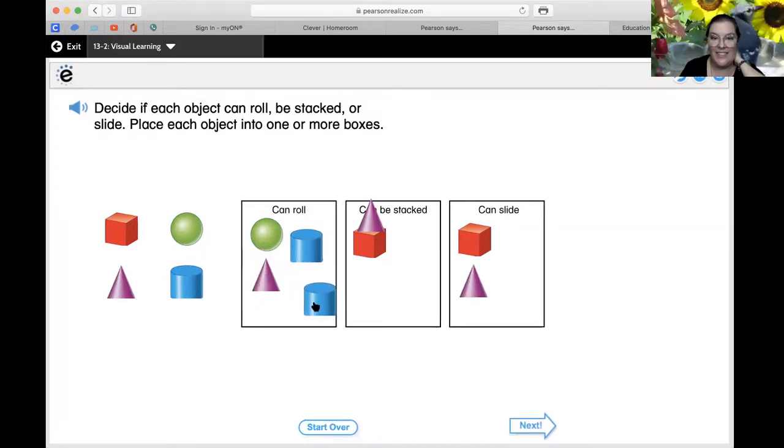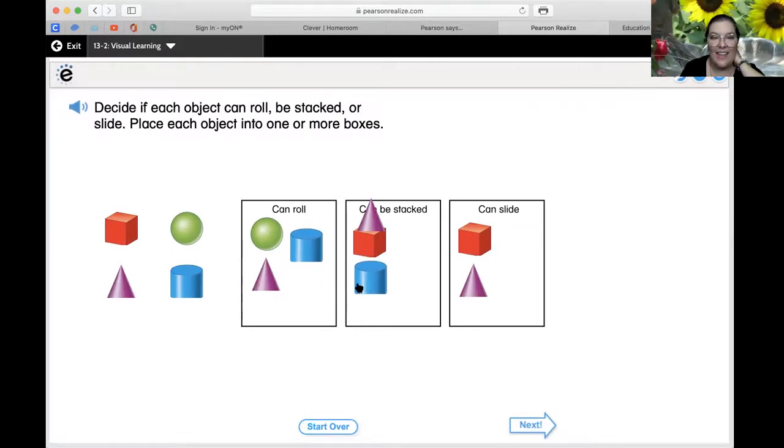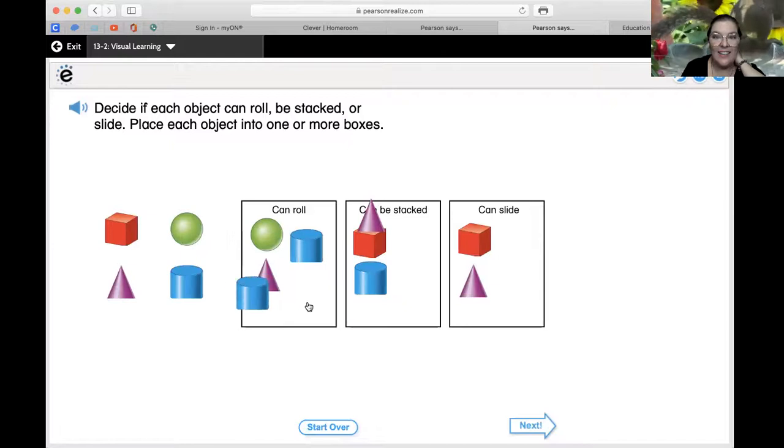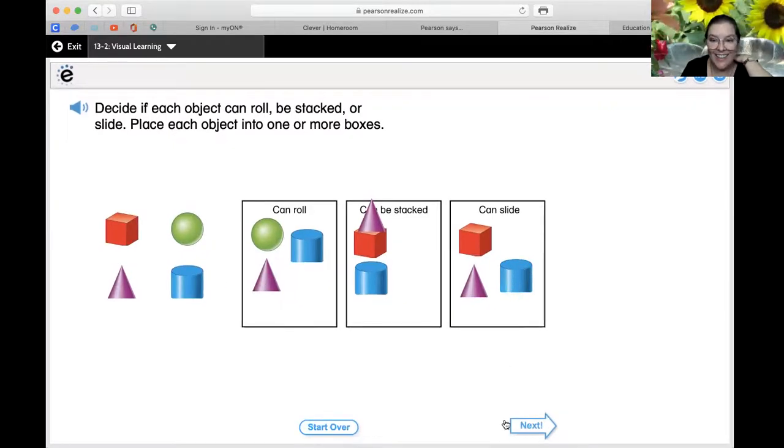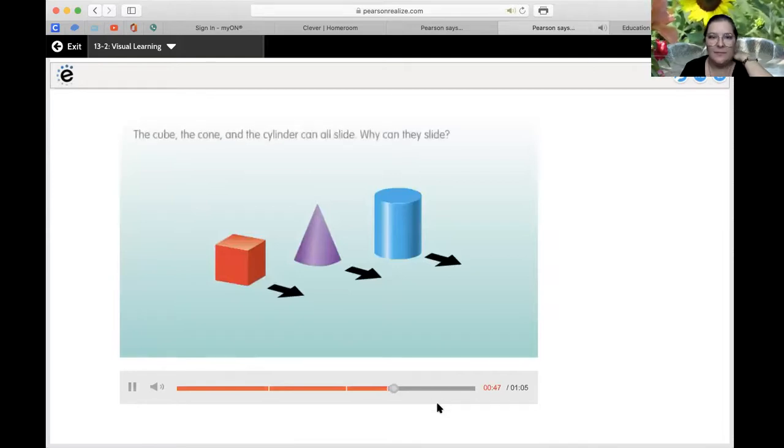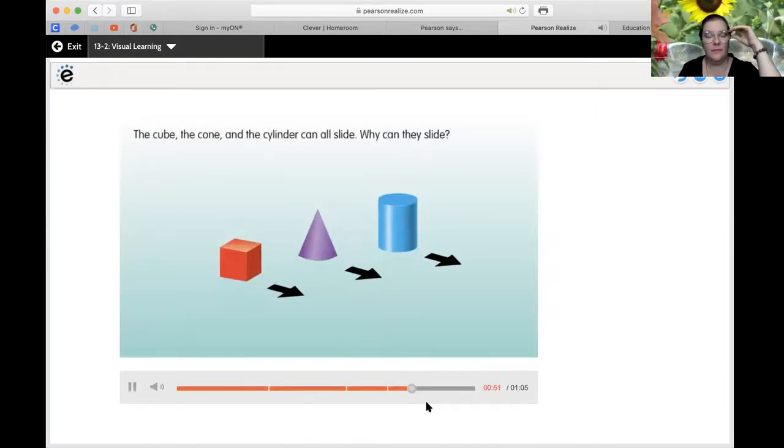Can the cylinder stack? Yeah. And can it slide? It can. Nice. Let's see if we got it right. The cube, the cone, and the cylinder can all slide. Why can they slide? They can slide because they each have a flat side.